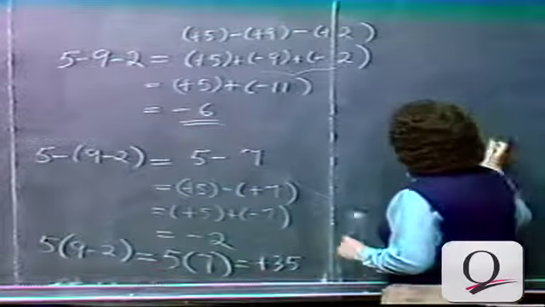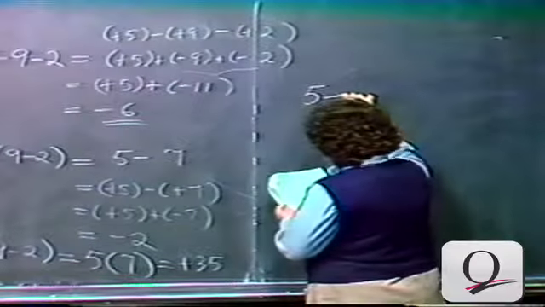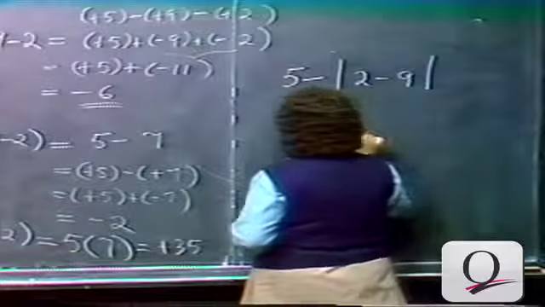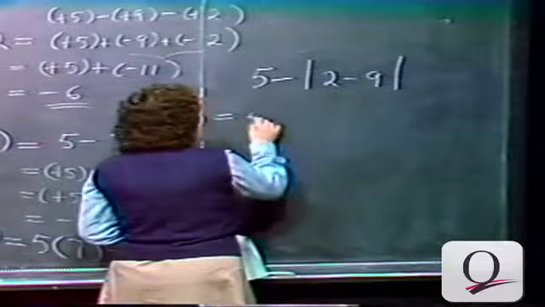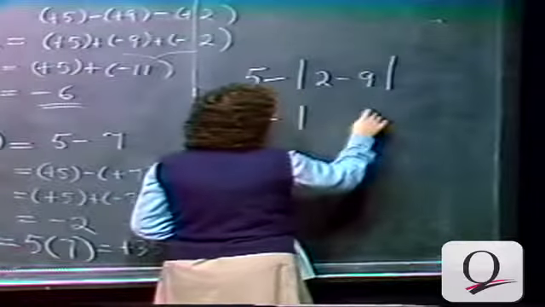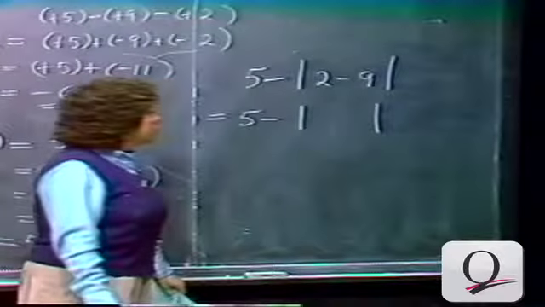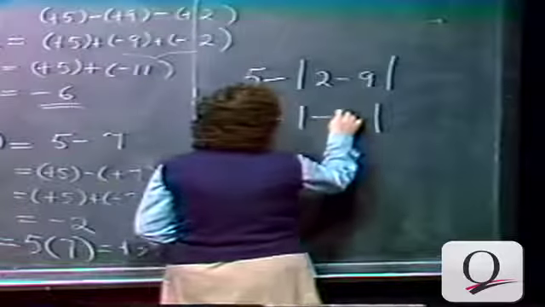Okay, still using the same numbers. What if I gave you 5, take away the absolute value of 2 - 9? Well, 2 - 9, a +2, take away a +9, is a +2 and a -9, which gives you a -7.